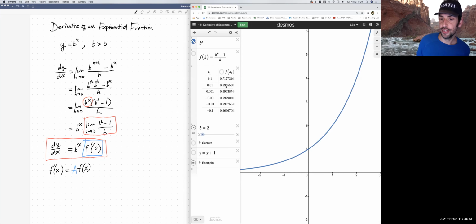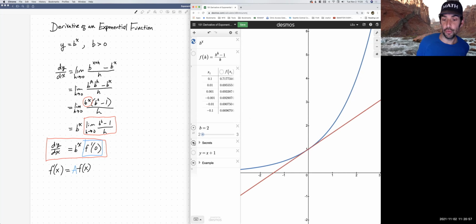If you see that we're at 0.71, then 0.69, 0.69555, 0.6933 something, 0.6929. And the same thing from the other direction, right? On the negative side, we're coming in closer to 0.69 something, okay? So this is just a little bit of a hint that this limit does exist.